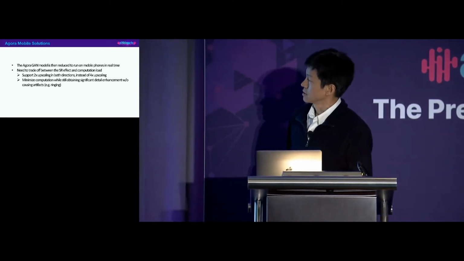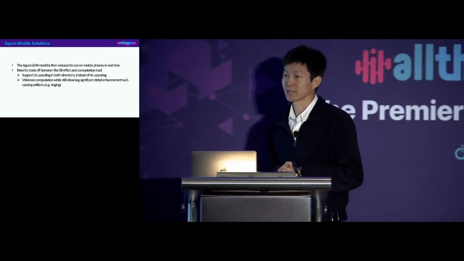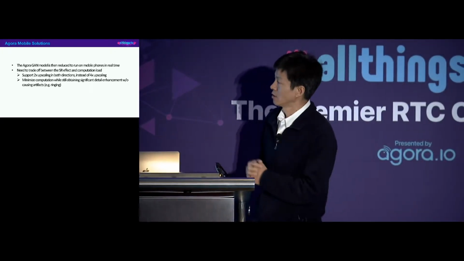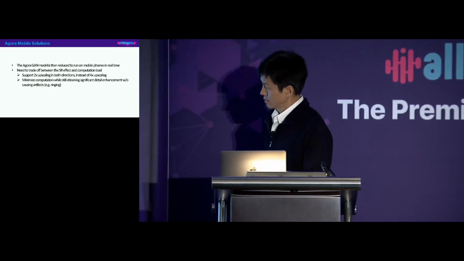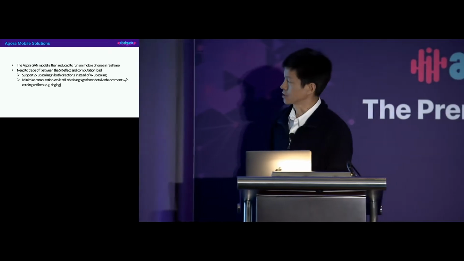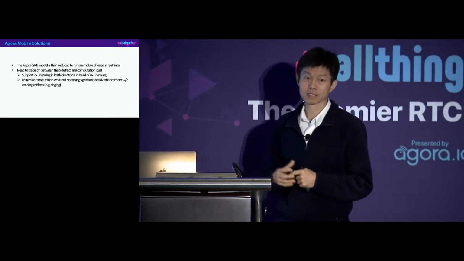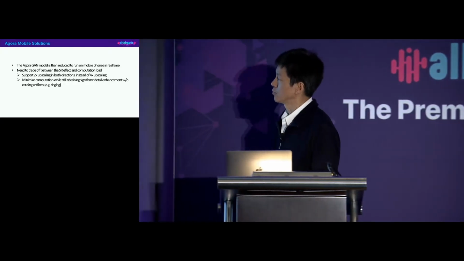So the compromise is that instead of supporting up to 4x upscaling in either direction, now we make the mobile version support 2x upscaling in both directions, which means the SR result would be 4x as large as the input.